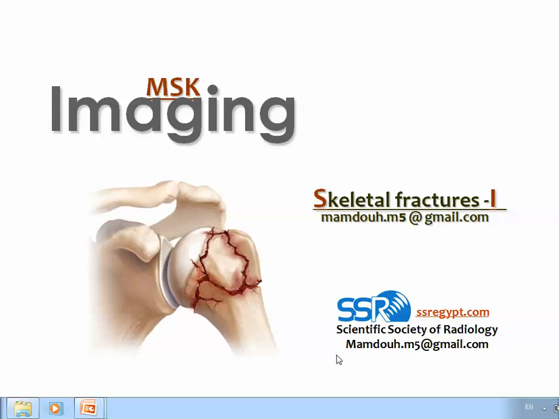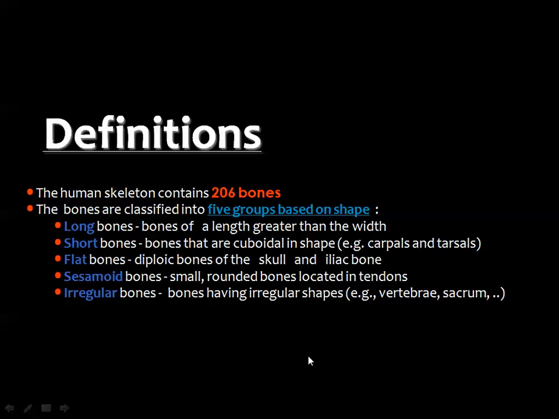But these lectures will not include the spinal trauma nor the cranial injuries, as they have been mentioned in the specific parts of spinal imaging and neuroradiology lectures. Then starting by some of the definitions, like you need to know that the skeleton contains about 206 bones, and these bones are classified into 5 groups based on the shape.